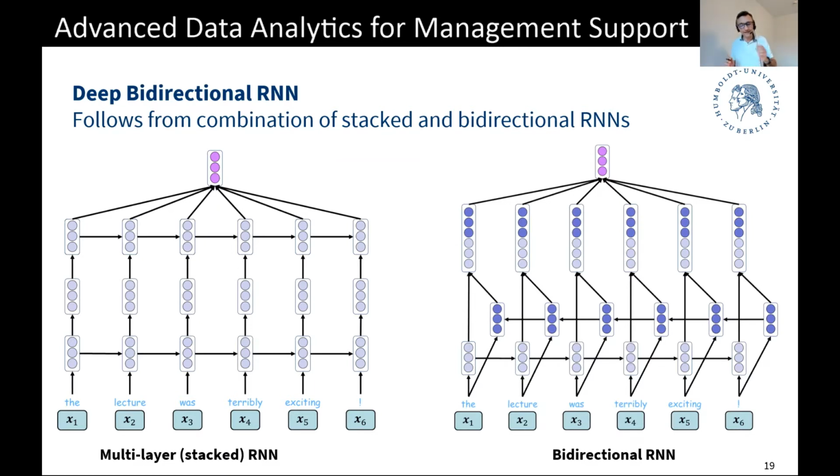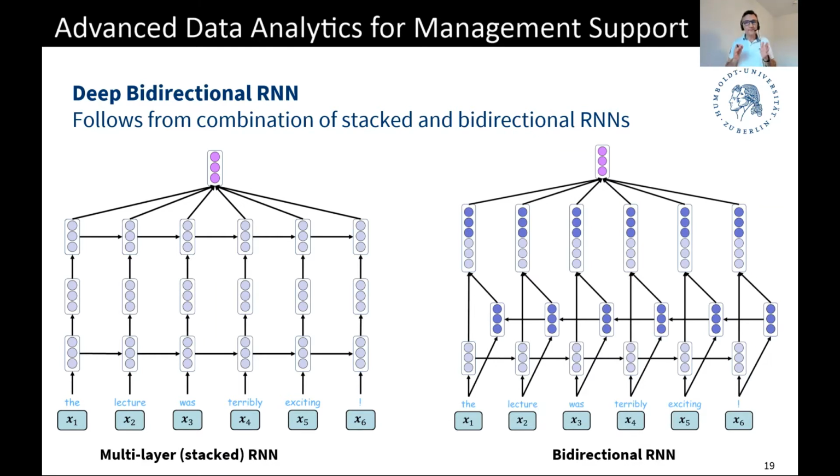And on the right-hand side, we have bidirectionality, where we said that a normal RNN language model would take a sentence and then process it from left to right, at least in the type of languages we used to think of that are actually read from left to right. Not all languages are read from left to right, as you know.